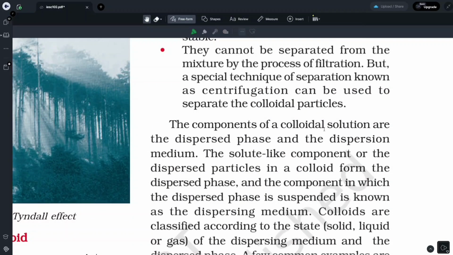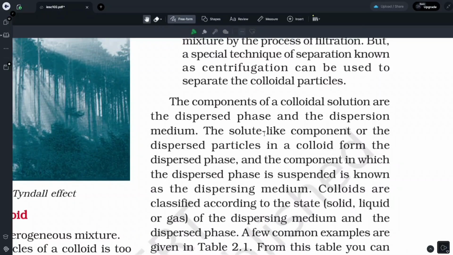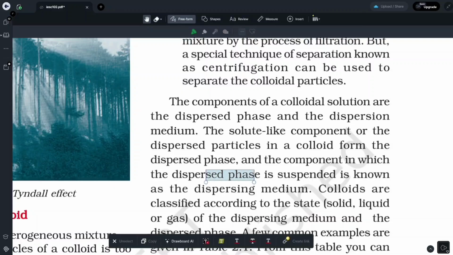The components of a colloidal solution are the dispersed phase and the dispersion medium. The solute-like component or the dispersed particles in a colloid form the dispersed phase, and the component in which the dispersed phase is suspended is known as the dispersing medium.